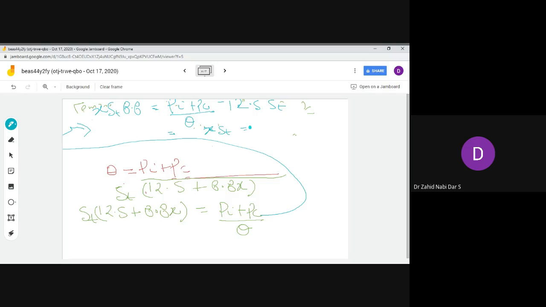Or else the final expression can be written as x times st is equal to 1 divided by 8.8 into pi plus pc divided by theta minus 12.5 st. So you can write this. So x times st is equal to, so what does this x times st represent?